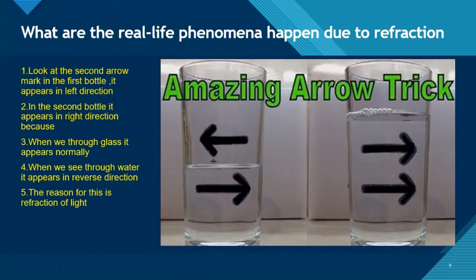In the first bottle, it appears in the left direction. In the second bottle, it appears in the right direction, because when we see through glass, it appears normal. When we see through water, it appears in the reverse direction. The reason for this is refraction of light.